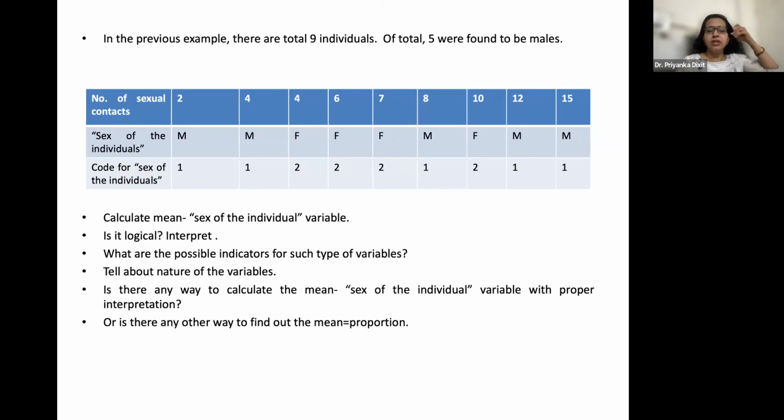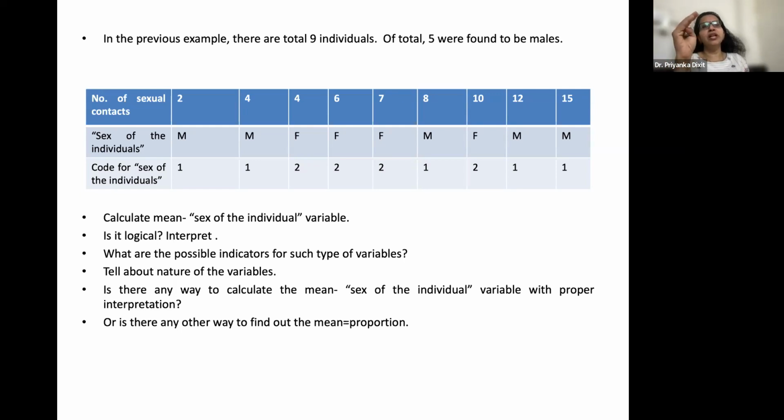But if you give the instruction and apply it in any software, it will calculate. Software will calculate irrespective of whether your data is a scale variable or a categorical variable; you will get an answer. But it's your choice. You have to give a proper instruction.